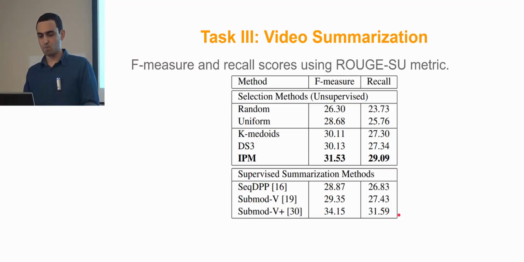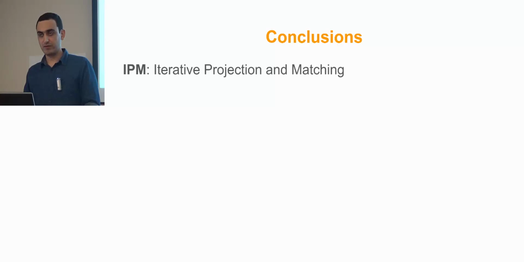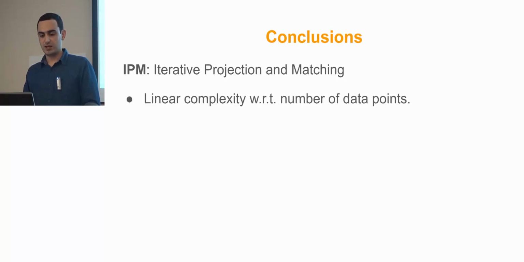To conclude, we proposed a new selection algorithm called Iterative Projection and Matching. The main feature of the algorithm is its linear complexity, which makes it able to generate results in tractable time for very large data sets such as ImageNet.